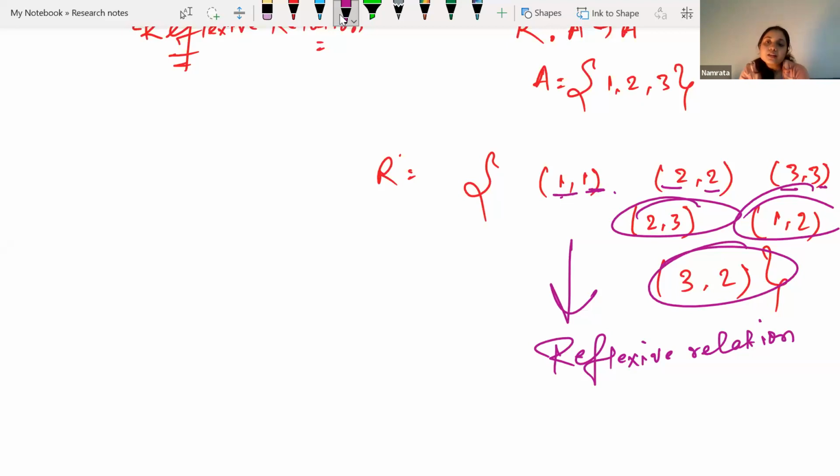In identity relation there must not be a different ordered pair. Every element must have a relation with itself for identity, and for reflexive another ordered pair is also acceptable. When we check reflexive, symmetric, transitive, you will understand it better, how exactly we check whether the given relation is reflexive, symmetric, transitive, and equivalence relation or not.